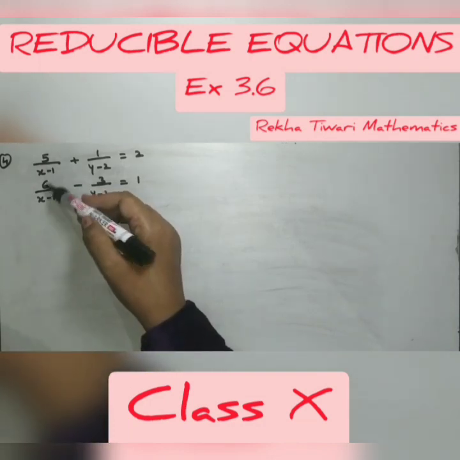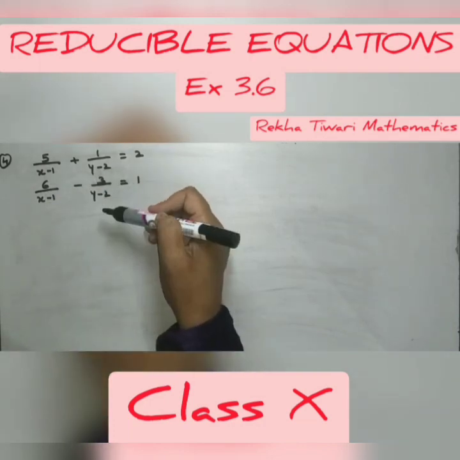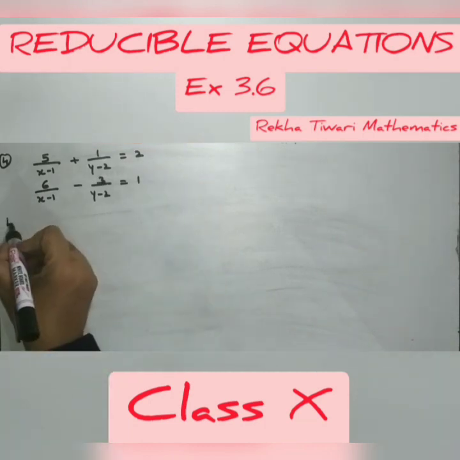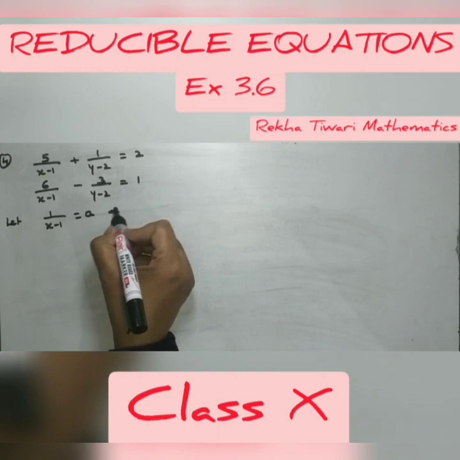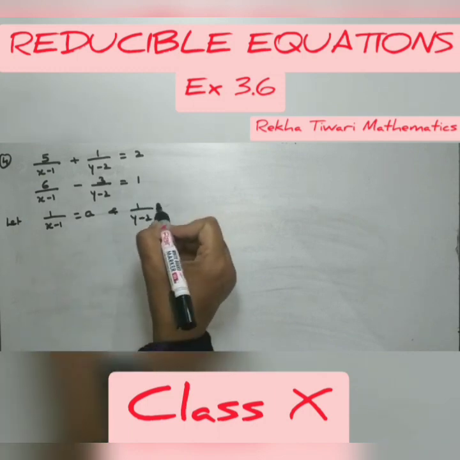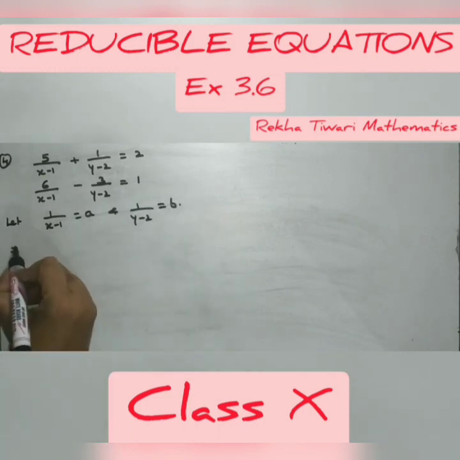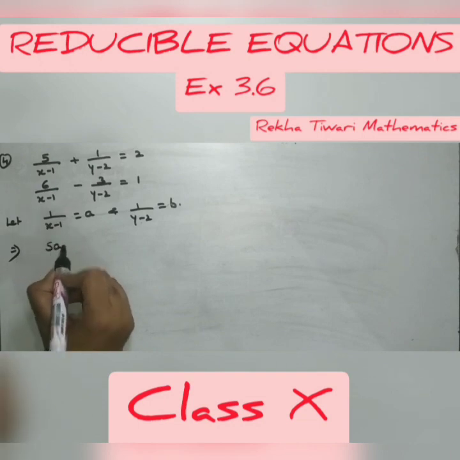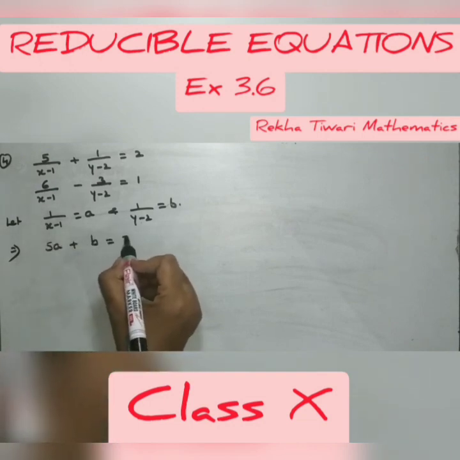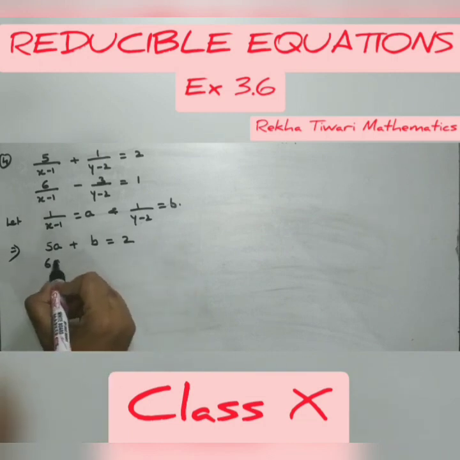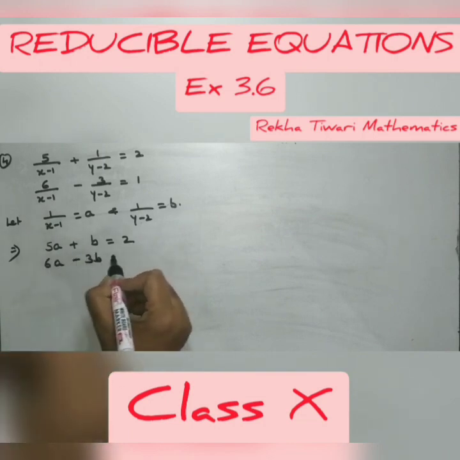Both denominators are x minus 1. Here both the denominators are y minus 2. So you can assume let 1 upon x minus 1 equal to a and 1 upon y minus 2 equal to b. So the equation changes to 5a plus 1b equal to 2, and the second changes to 6a minus 3b equal to 1.